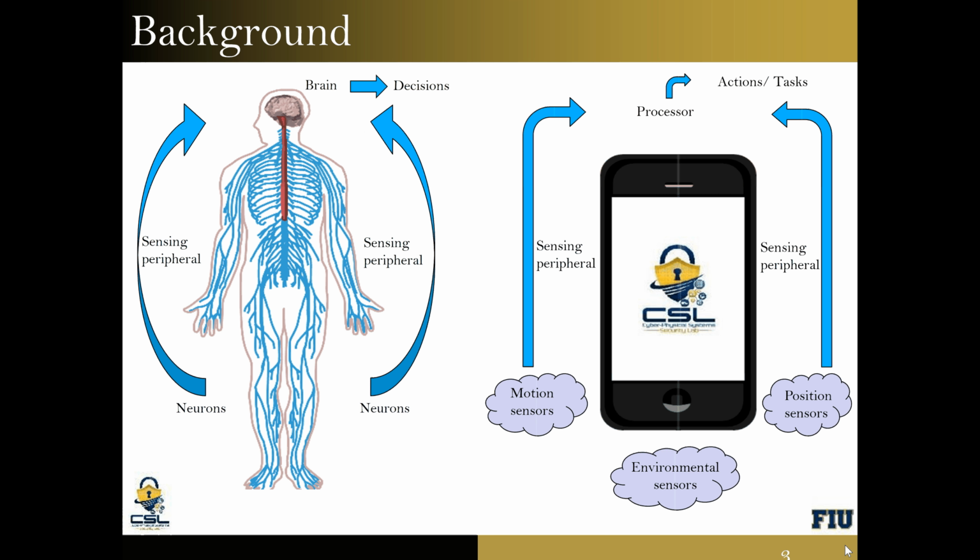Similarly, in a smart device, there are motion sensors, position sensors, and environmental sensors. These sensors sense the periphery of the device and give feedback to the processor. Then the processor gets those sensor data and processes them to take necessary actions to perform a task.